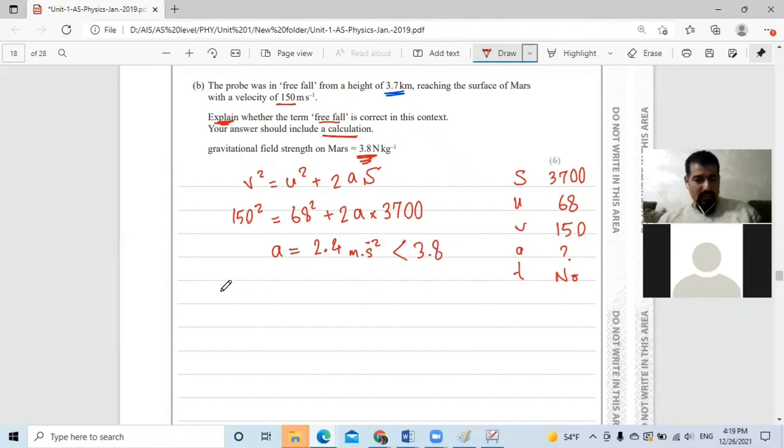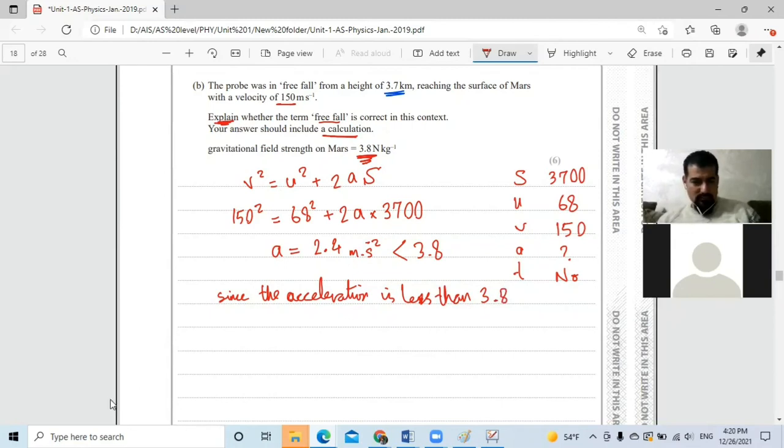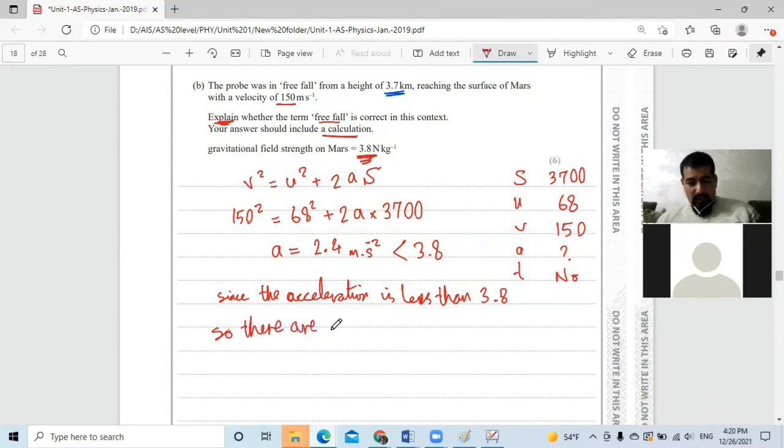So that means, since the acceleration is less than 3.8, there are other forces acting on it, not only its weight.